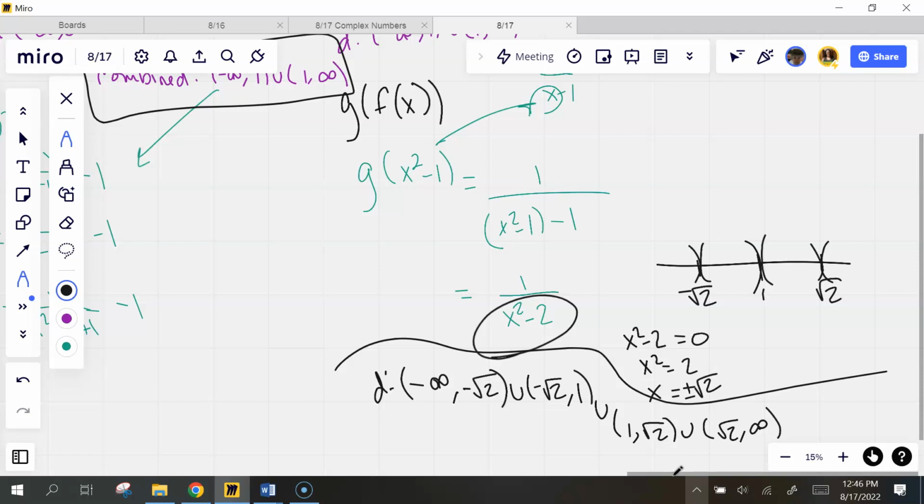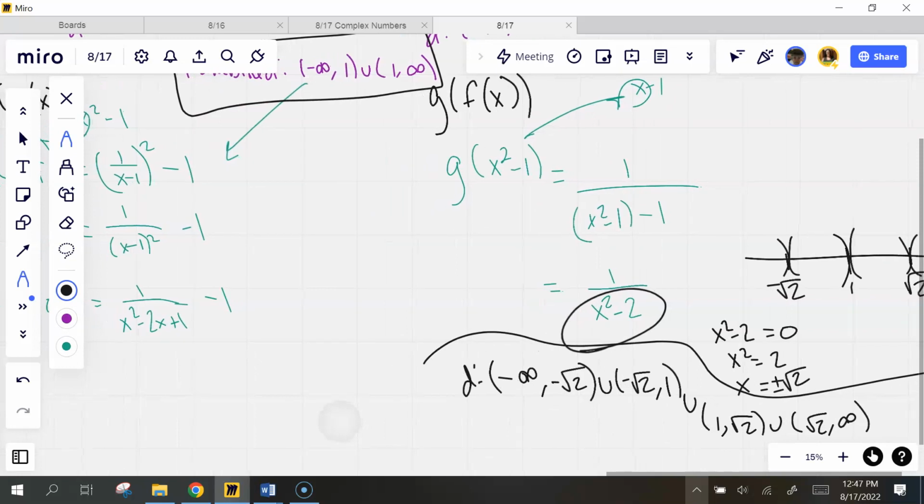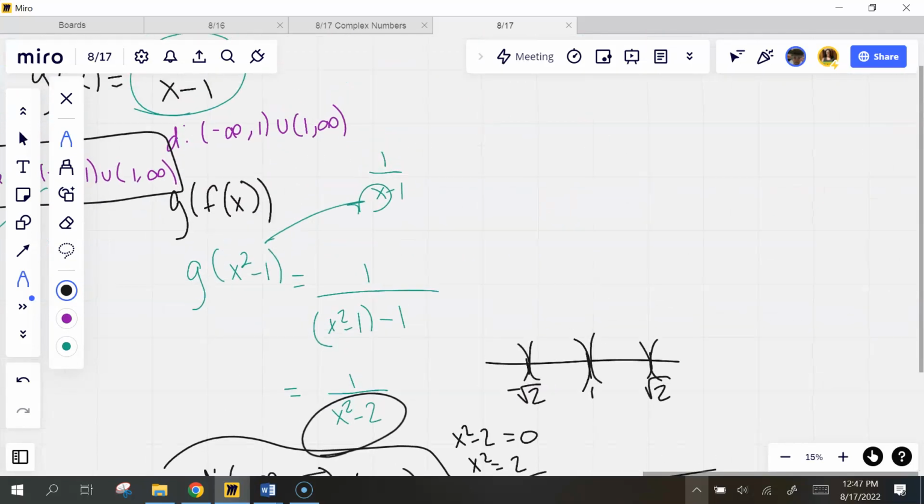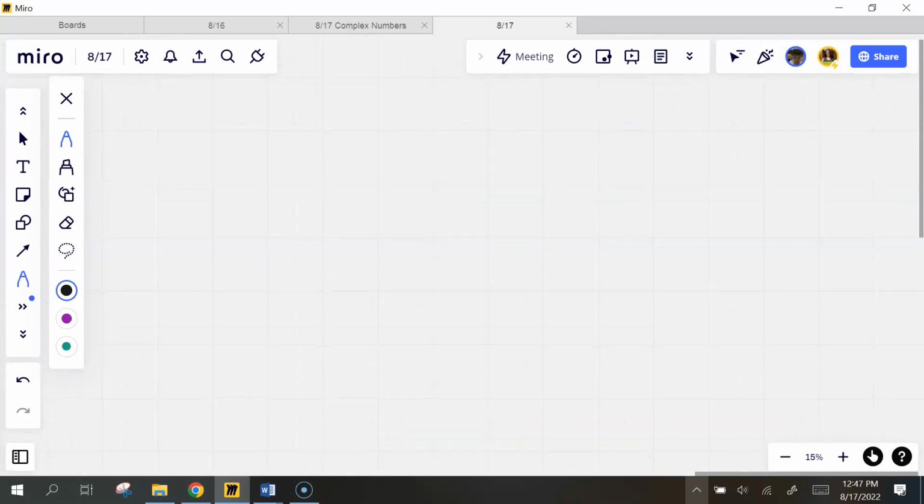Would it be negative 1 and 1? Where are you getting the 1 from? The one that's already there. Oh, because it was already there. Yes. They would stop at 2.